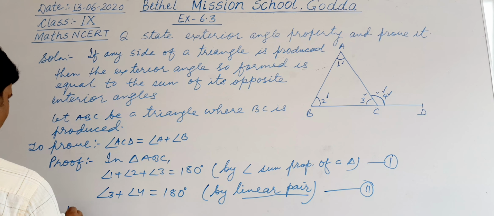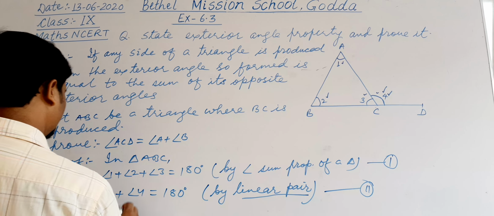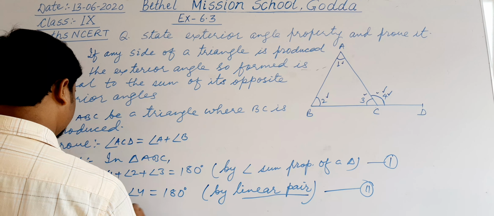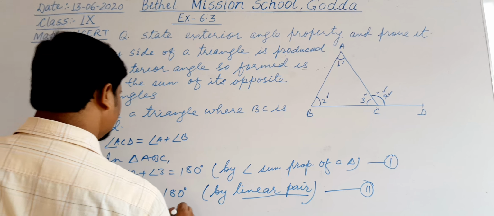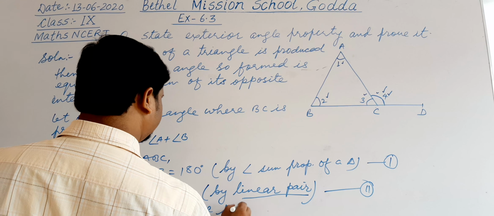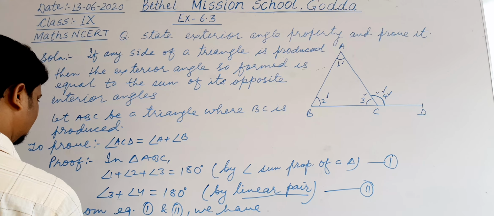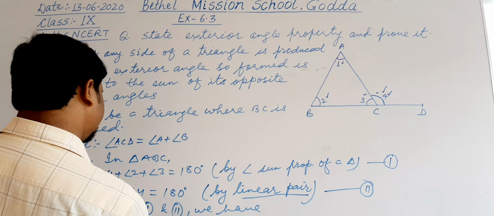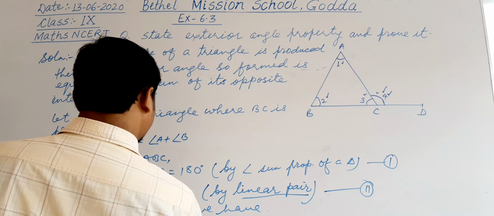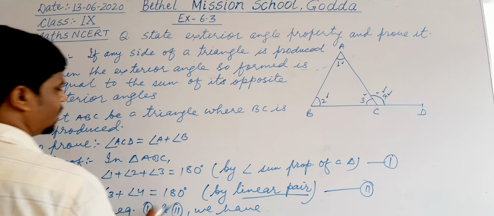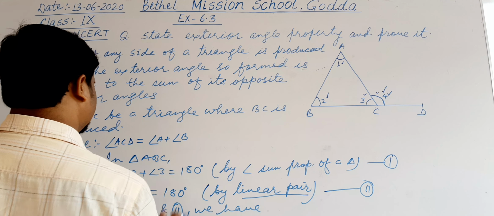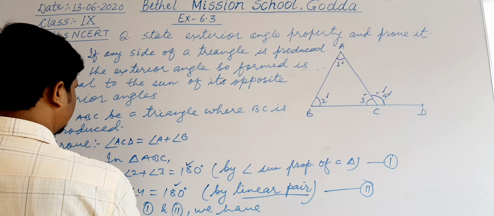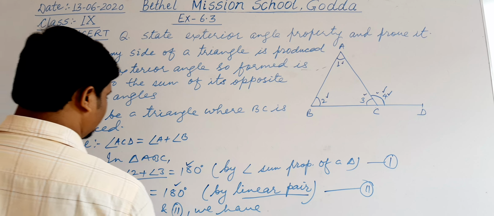So from equations 1 and 2 we have angle 1 plus angle 2 plus angle 3 equals 180 degrees, and angle 3 plus angle 4 equals 180 degrees. Both are equal to 180 degrees. So angle 1 plus angle 2 plus angle 3 will be equal to angle 3 plus angle 4.